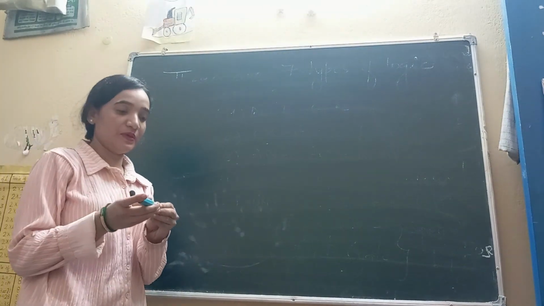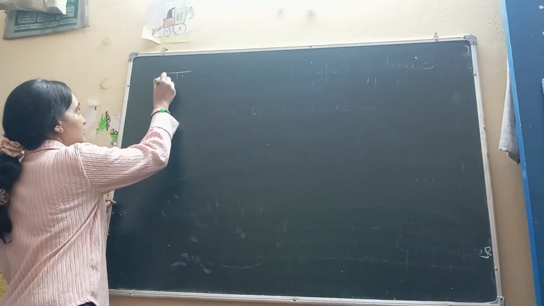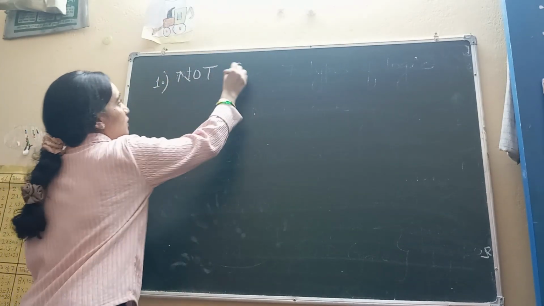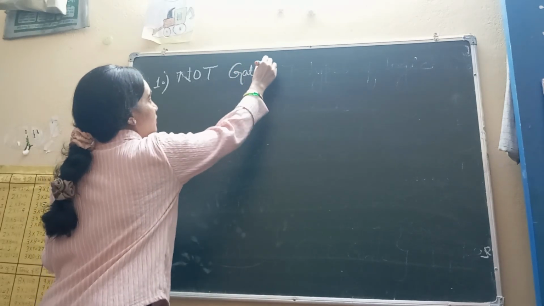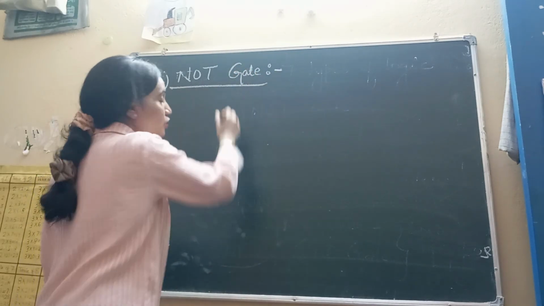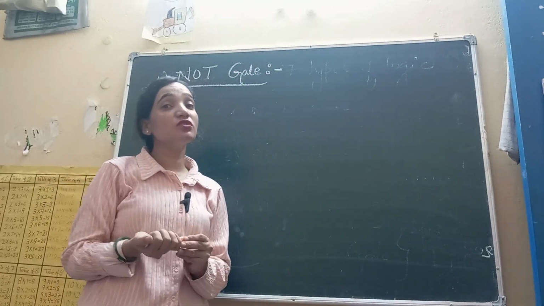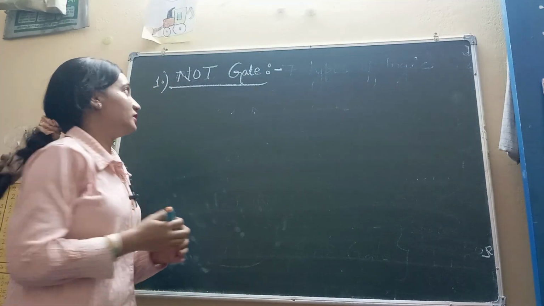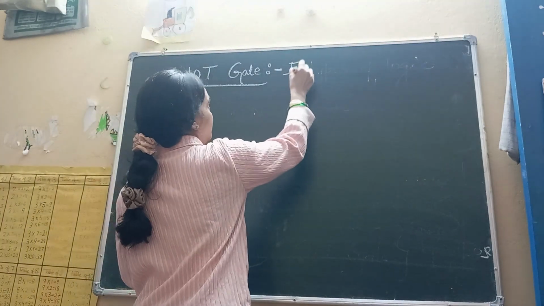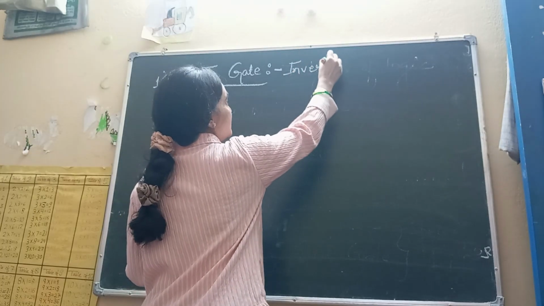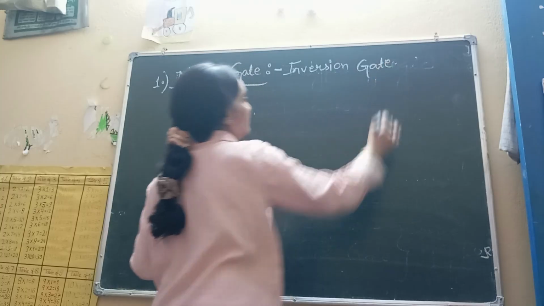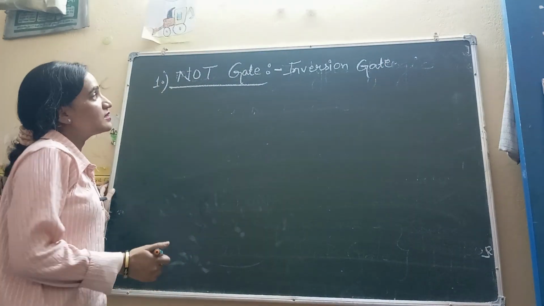The first one is the NOT gate. NOT is also called the inversion gate or inverter. How does it work?